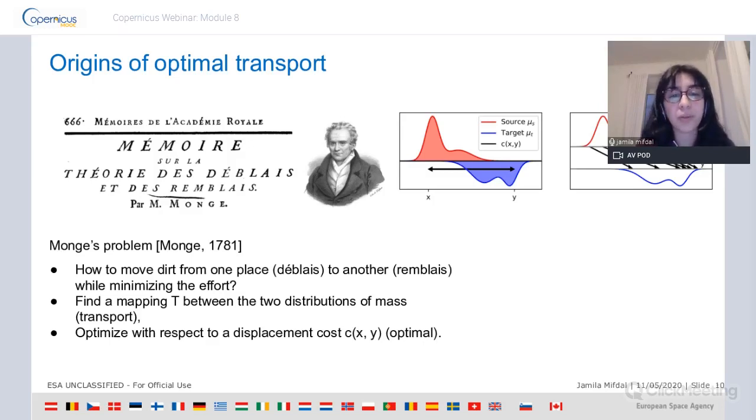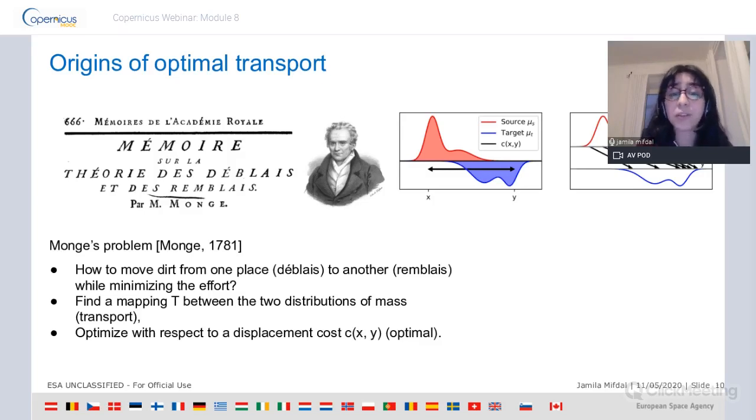If we want to explain this with notations, we have in the image on the right two distributions. We have the red one, which is the source distribution, and we have the blue one, which is the target distribution. We want to move from one distribution to another with minimal cost, and the cost here is C of x and y.